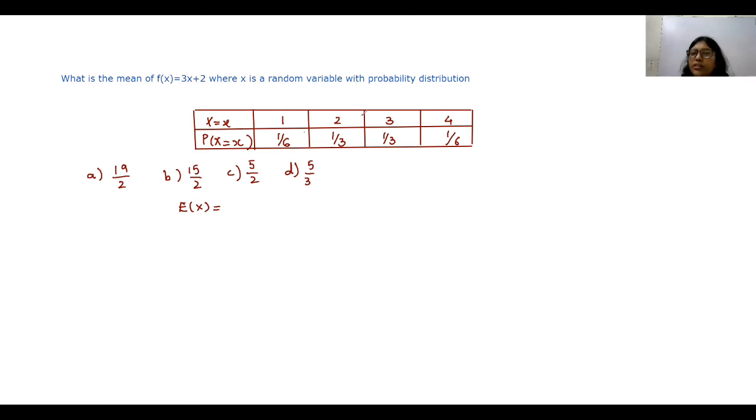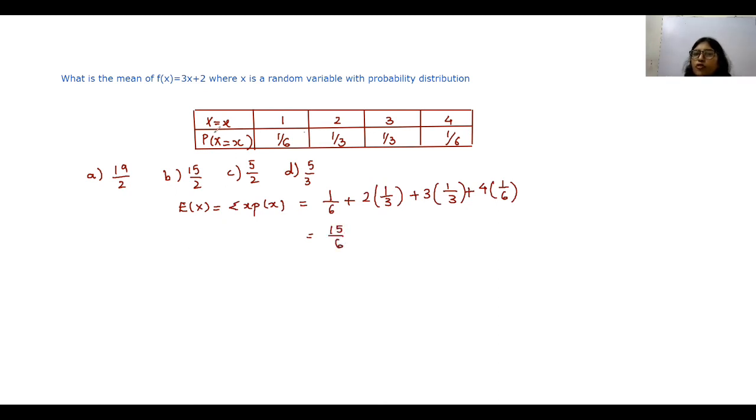So first, finding the expected value or mean of this random variable, we have summation x p(x), and that is 1 into 1 by 6 plus 2 into 1 by 3 plus 3 into 1 by 3 plus 4 into 1 by 6. So on calculating, we find that the value is 15 by 6.